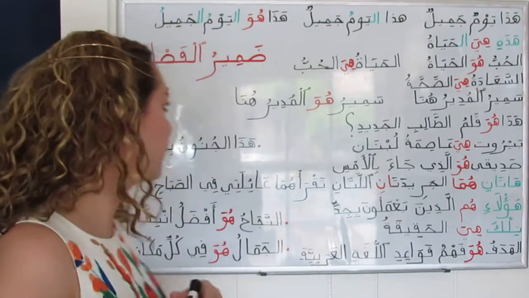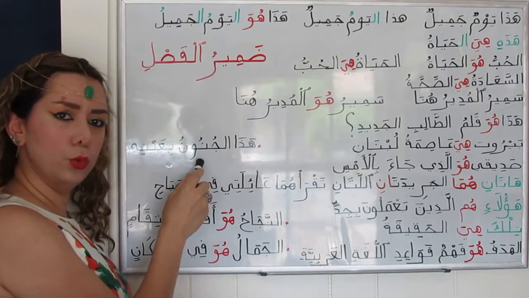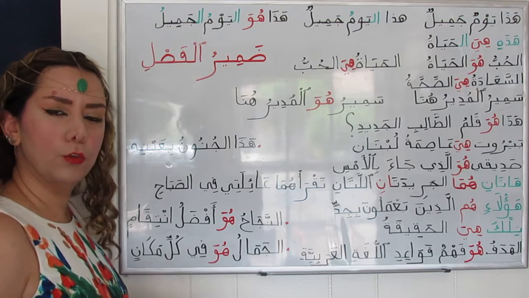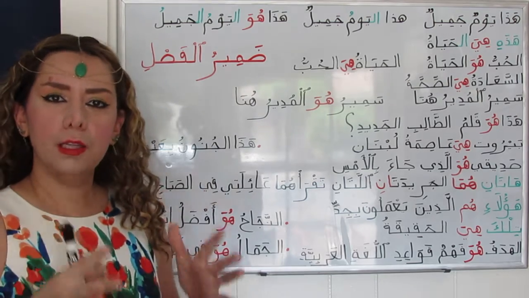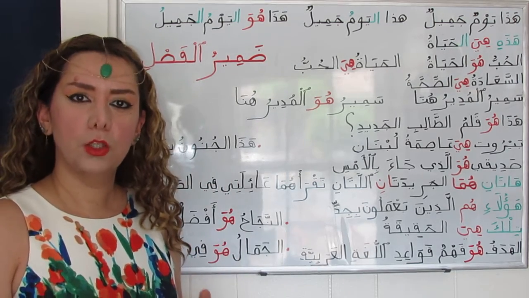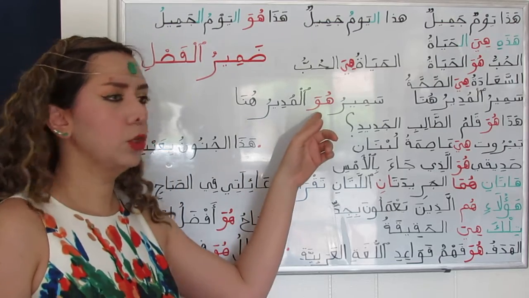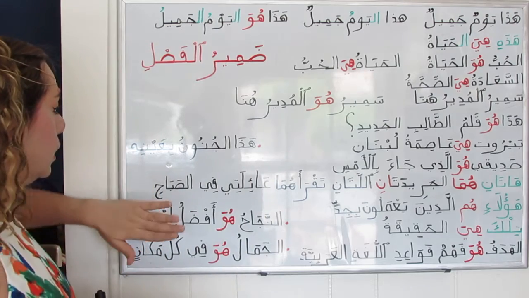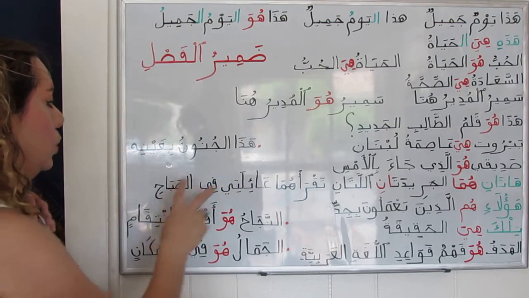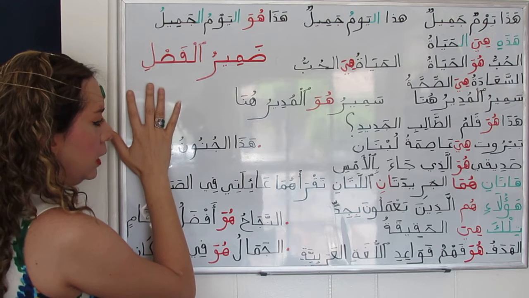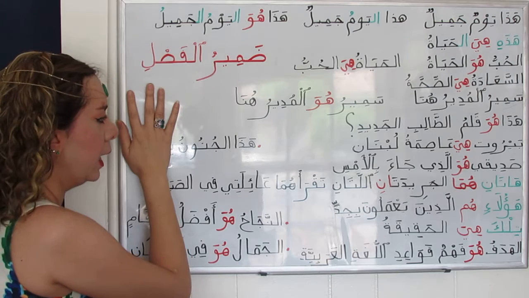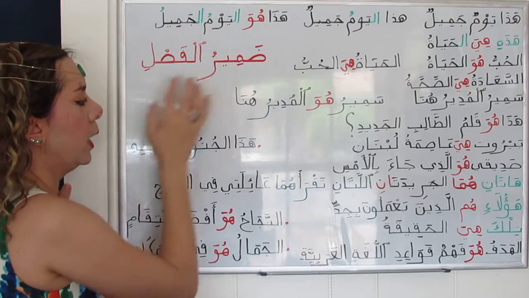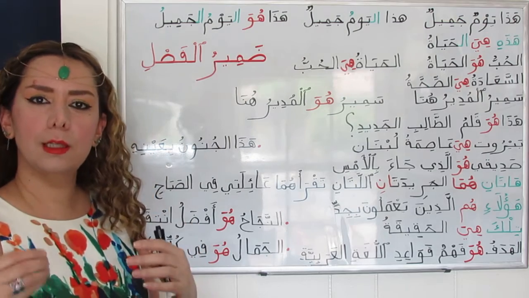For example, هذا الجنون بعينه. الجنون, the madness. If you would like to say this is the madness, you have to insert the pronoun of separation, in case we had just the two of these without any extra word. هذا هو الجنون means this is the madness.